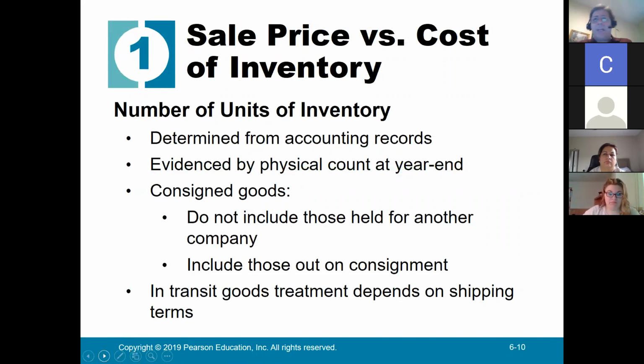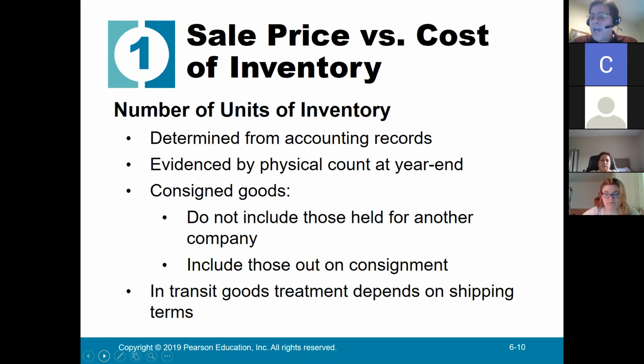The idea of a consignment is, let's say that you make a brand new product, and you're out in your garage, and you came up with the best little thing, and you decide that you want to sell it to the public, but you can't get people to come to your garage. And so let's say that it's the kind of thing that it's kind of hard to sell online. And so what you want to do is put it in a store where people are going to walk past it and pick it up, and they're going to go, oh, wow.